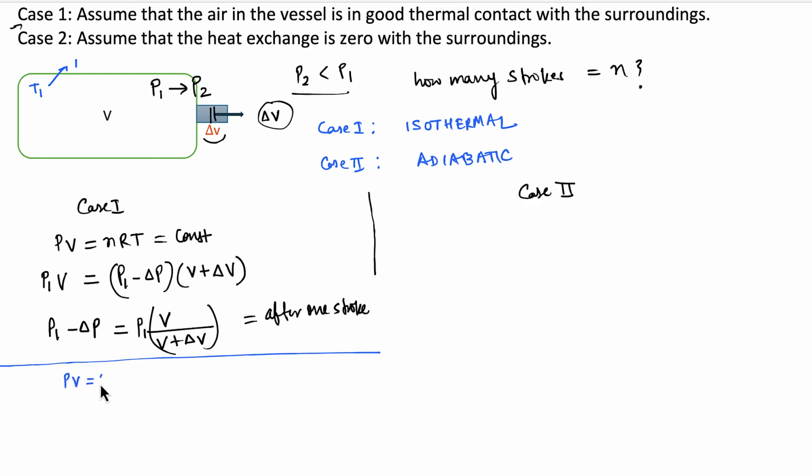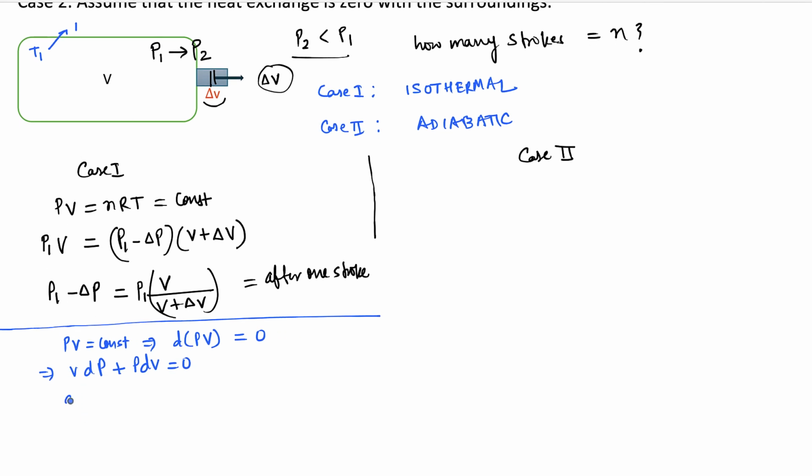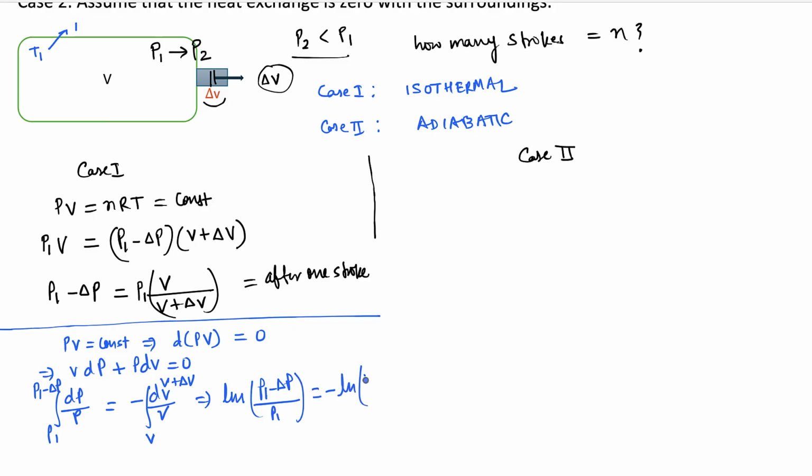If PV is constant, then if you take the differential of PV, that will be 0, which is V dP plus P dV equals 0, and therefore dP by P is minus dV by V. If you integrate it from P1 to P1 minus delta P, and V to V plus delta V, then essentially you get ln of (P1 minus delta P) by P1 equal to minus ln of (V plus delta V) by V, right?